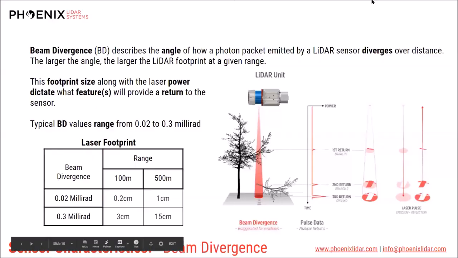So how the sensor chooses which return is seen is largely due to the power emitted by that particular pulse. If it has a very high pulse, high power in that pulse, every single object in that cone of beam divergence will return as a return. You can see on the right side of this cone, the power graph left to right shows that our first return was the weakest, whereas our last return was the strongest.